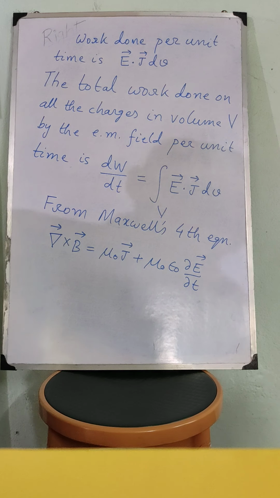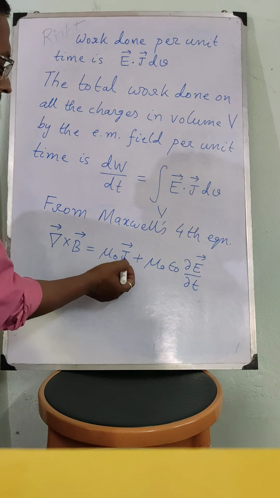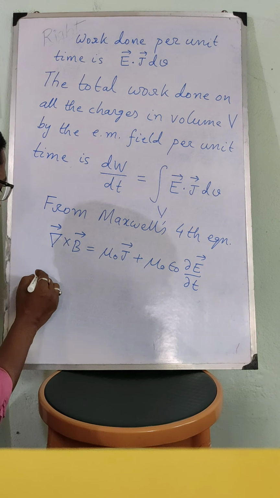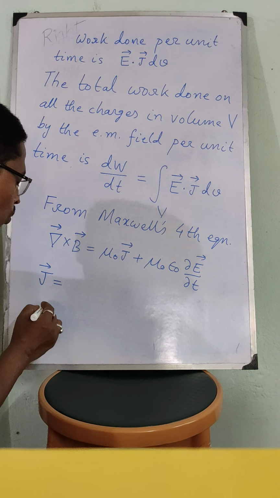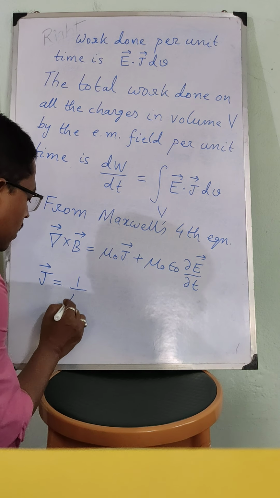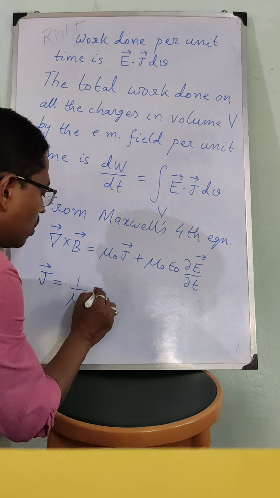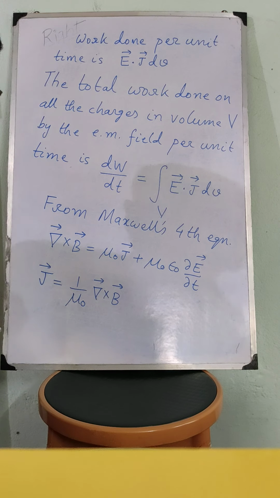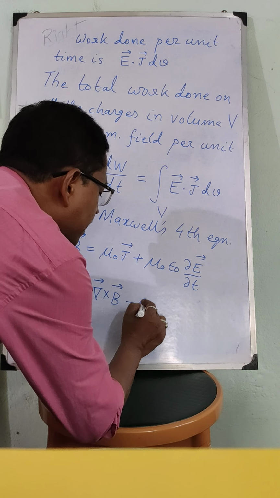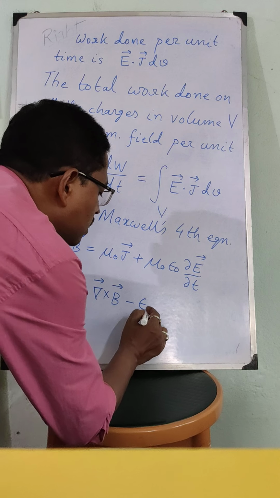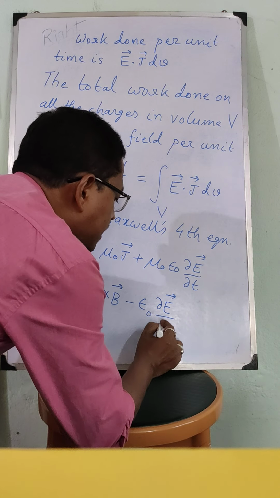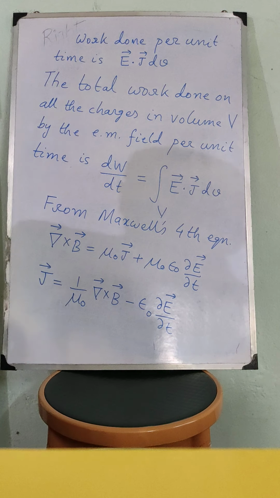This is the displacement current term. So from here I can have an expression of J. J is equal to 1 by mu 0 del cross B minus, this mu 0 will get cancelled, epsilon 0 del E del T. So this is the expression of J we have got.